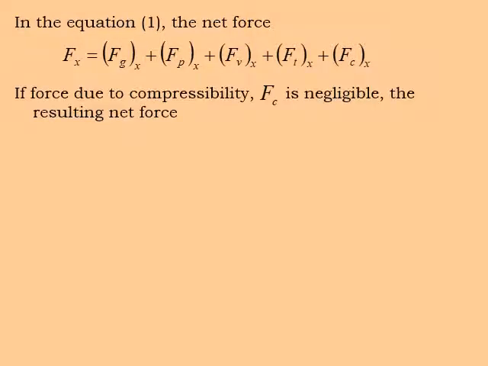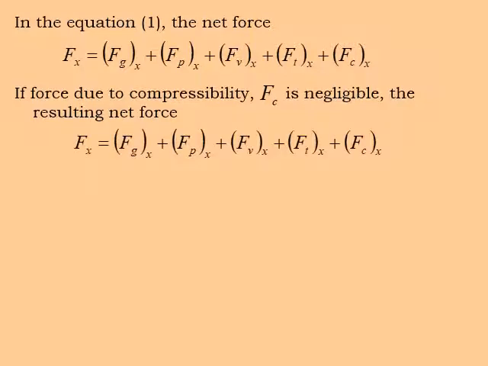If the force due to compressibility, F of c, is negligible, the resulting net force is F of x equals F of g plus F of p plus F of v plus F of t.